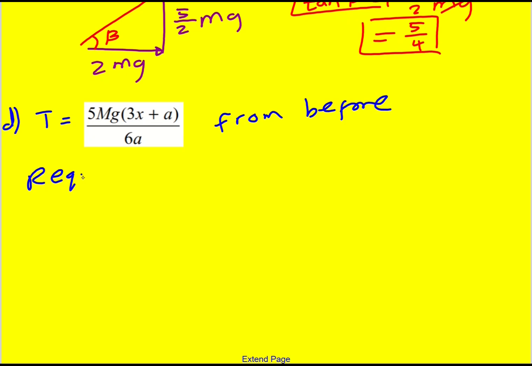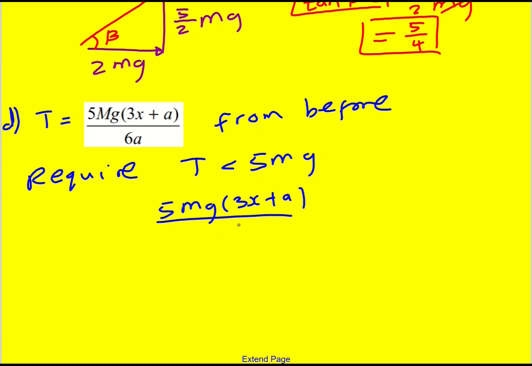So T equals this from 4, and we require T to be less than 5 mg. So I'm just going to then sub in 5 mg. 3x plus a over 6a must be less than 5 mg.